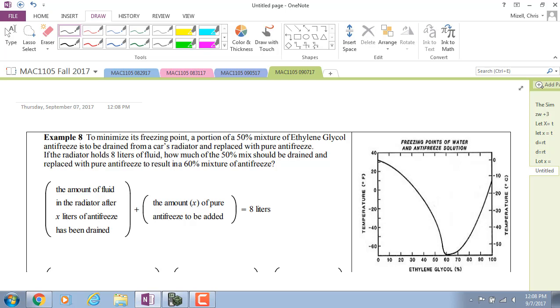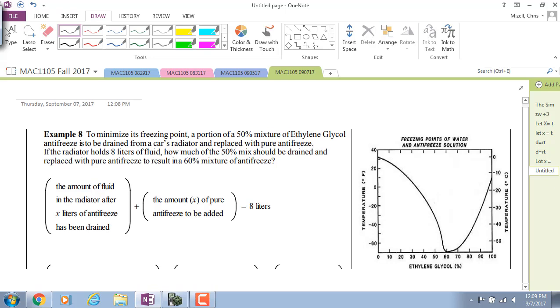If you want it to be as low as possible, according to this graph, a 60% mixture, 60% antifreeze and 40% water, is better than 100% antifreeze, and it's even a little better than 50% antifreeze. So 60%, you'll notice from the picture, makes that freezing point just as low as it could possibly be.